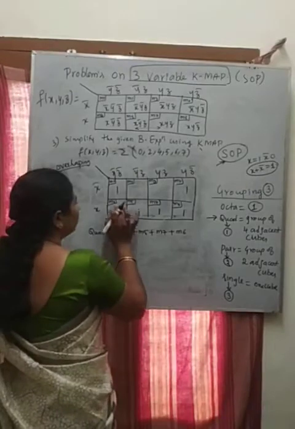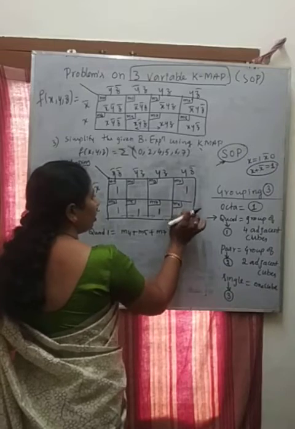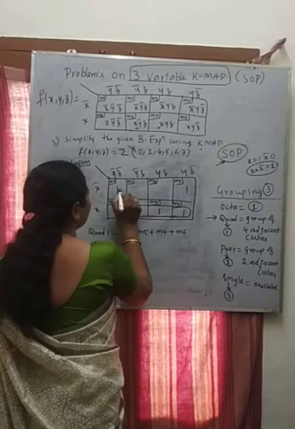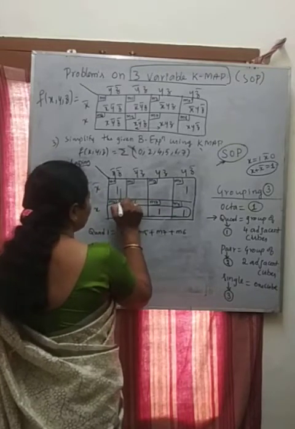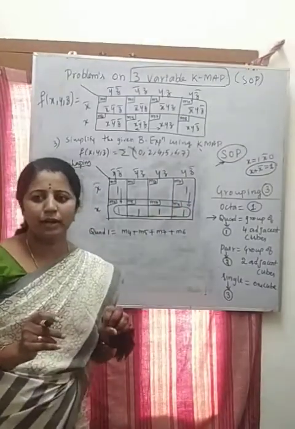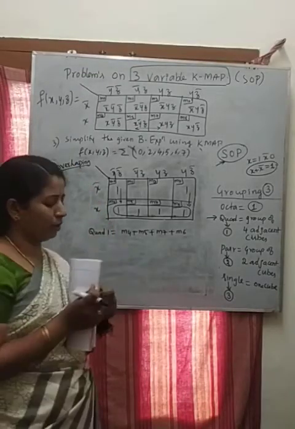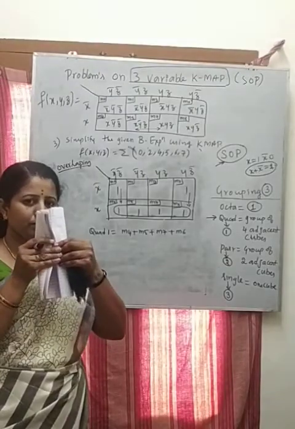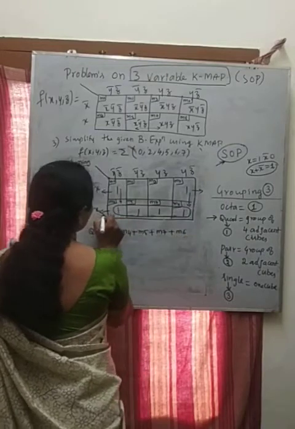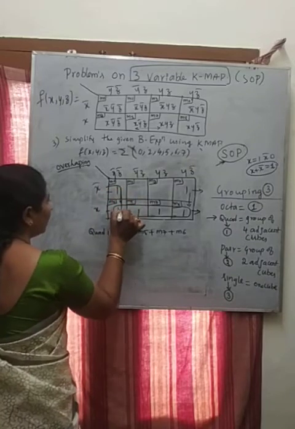Then here, what I can do, instead of doing a pair with these two, I can do with M0. M0 is adjacent to M4, M4 is adjacent to M6. If I overlap the particular one like this, then this is adjacent to M2, this is adjacent to M6. Then I can do the grouping of this one like this.